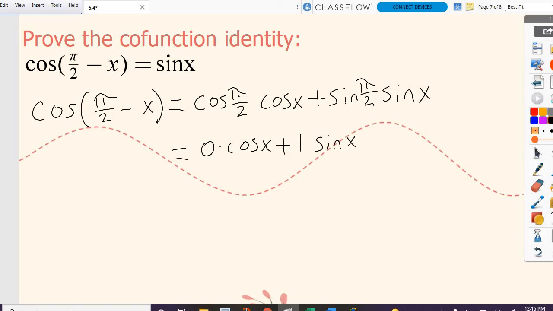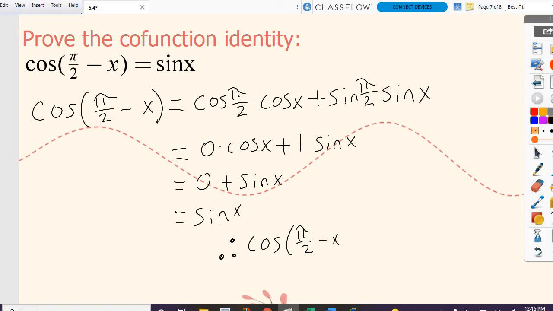Well, anything times 0 is going to be what? 0. And anything times 1 is itself. So we just end up with sine of x. So therefore, cosine of pi over 2 minus x equals sine of x.